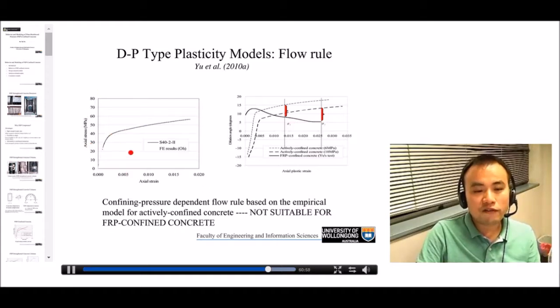And this figure further shows you the consequence if you use this kind of model, which is confining pressure dependent. Basically, because you are overestimating the lateral deformation, you are overestimating the actual stressing curve.